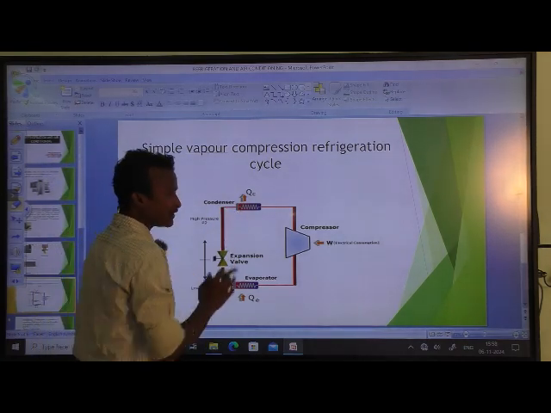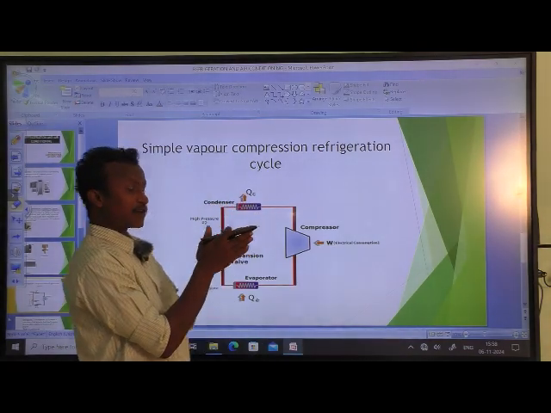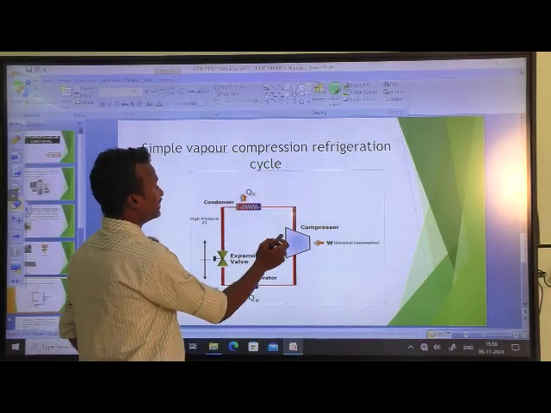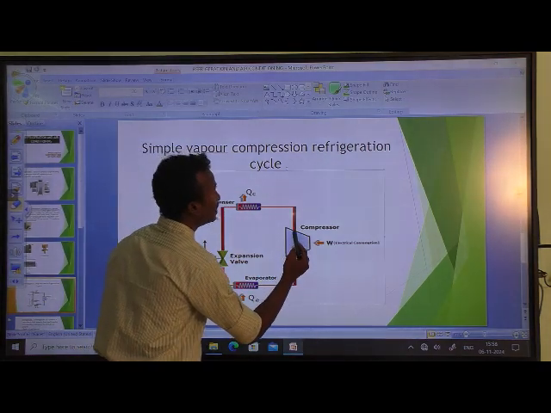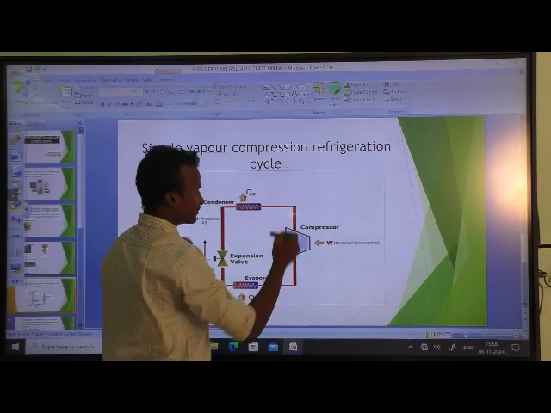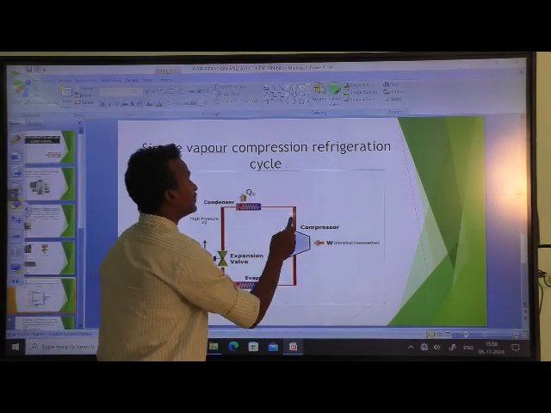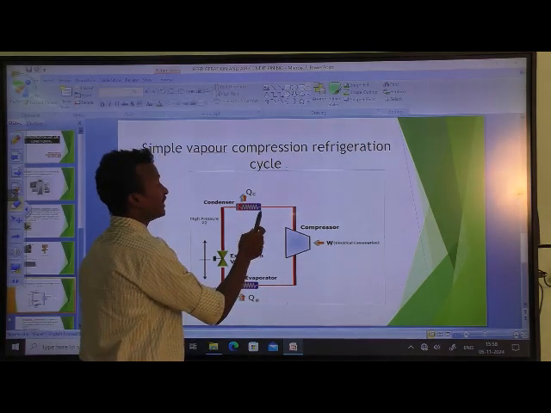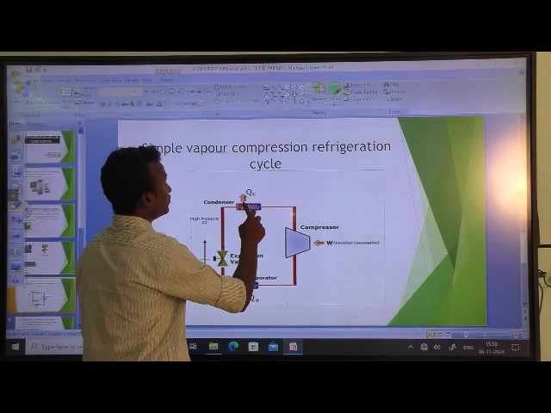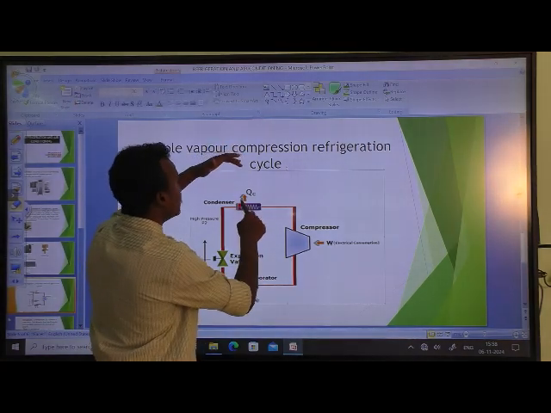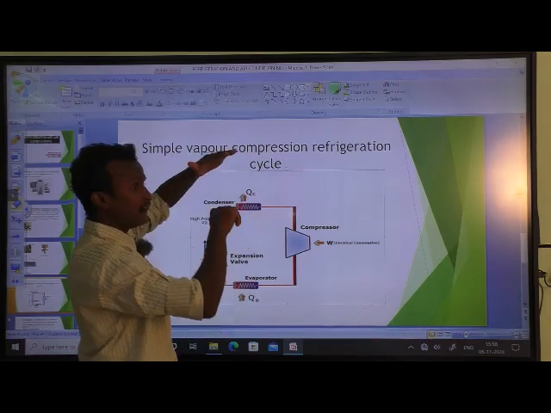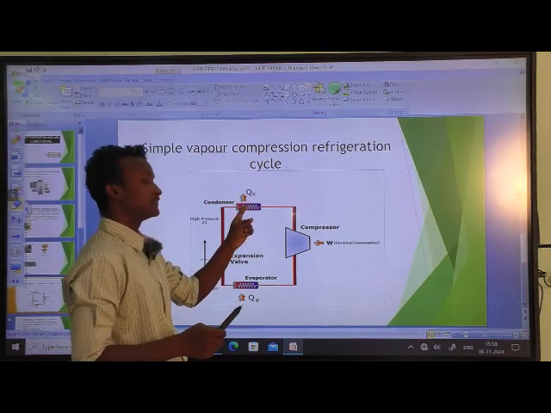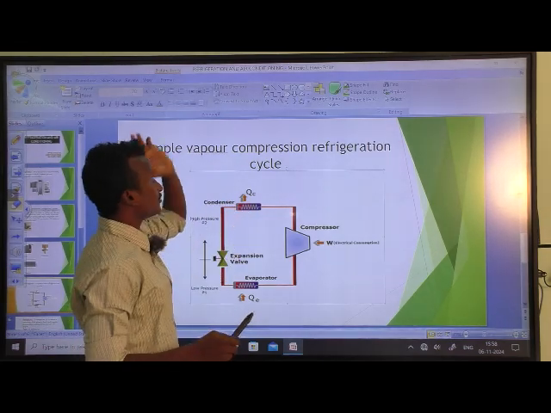And listen, this condenser is attached to the surrounding. In this process, when the refrigerant flows from the compressor, its temperature is very high. Then when the refrigerant comes to the condenser, there will be a temperature difference between the surrounding temperature and the refrigerant present inside the condenser. The refrigerant present in the condenser is at a higher temperature than the surrounding.